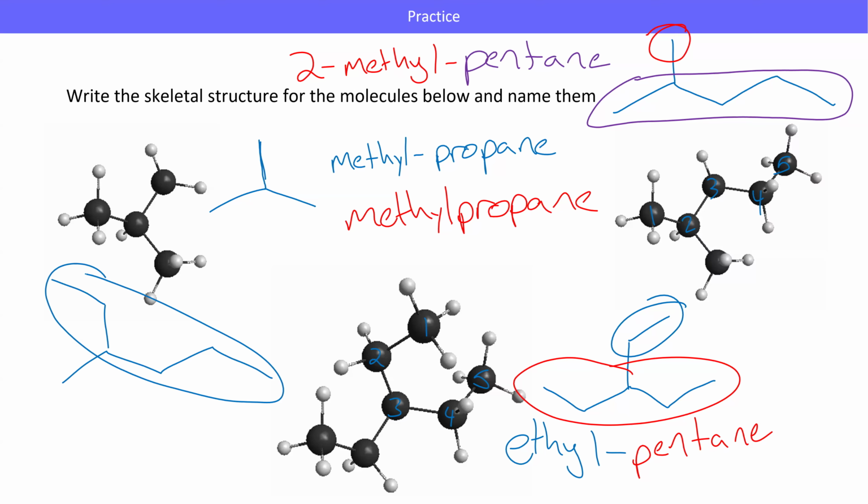So that's definitely a case where it's a little bit tougher to see compared to methylpropane. So if you wanted to say 3-ethyl, if you weren't sure, put 3-ethylpentane. All right, questions on these ones?